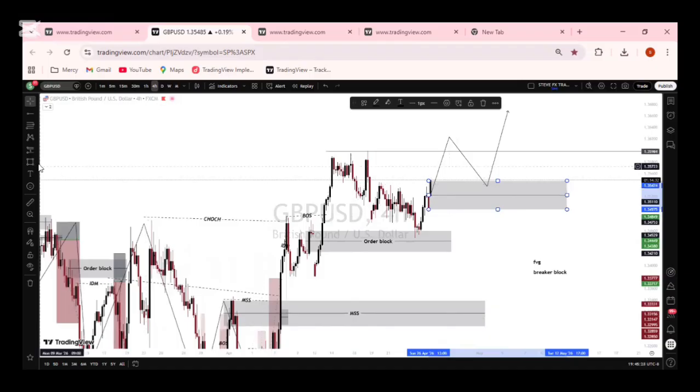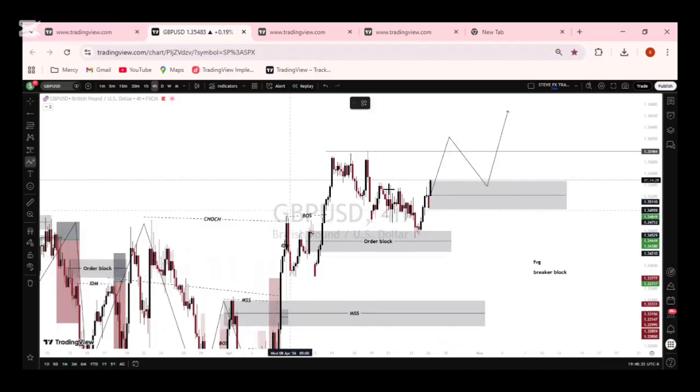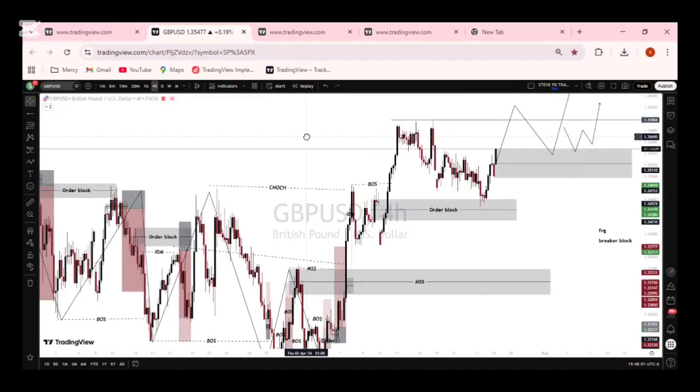Then when we go to our 15 minutes, we will look for our market structure shift as an early confirmation, right? Something like that. So when you see the high being taken, giving you a market structure shift, that means market is ready to play along the higher time frame market direction.